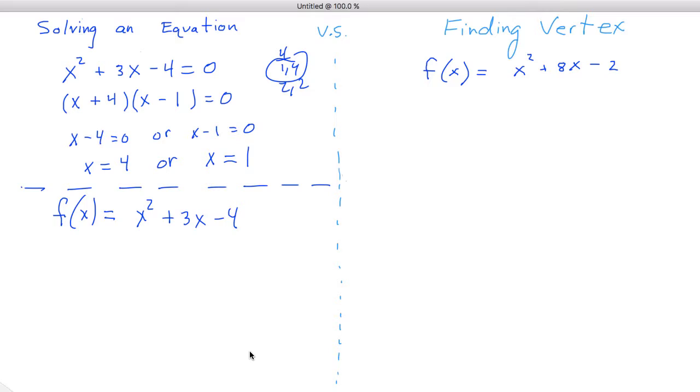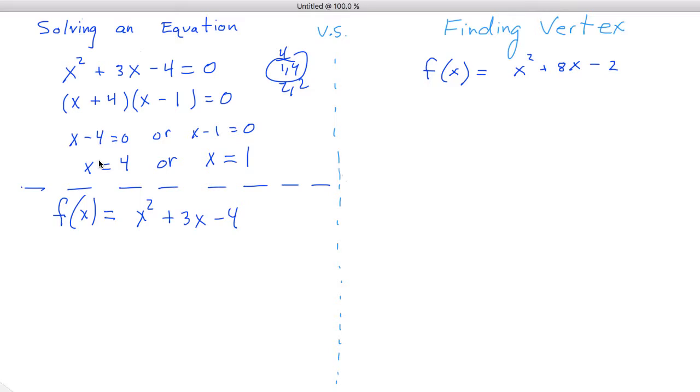For example, on a parabola, a critical point could be the vertex, a max or min. There's many, many things that you can do to functions. An equation, the only thing that you ever do to an equation is solve for x. That's it. There's our answer. There's nothing else you can do to it.